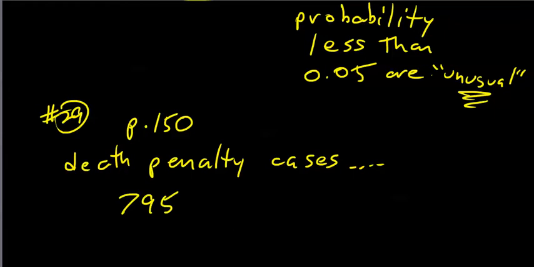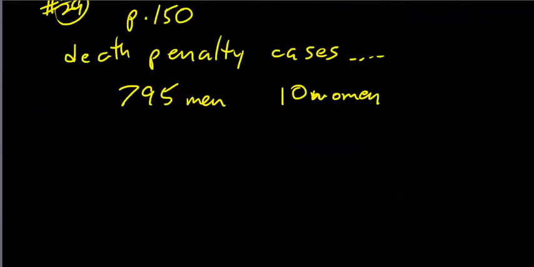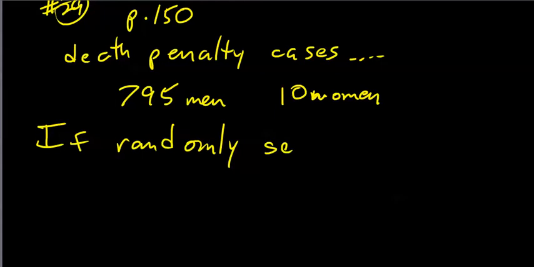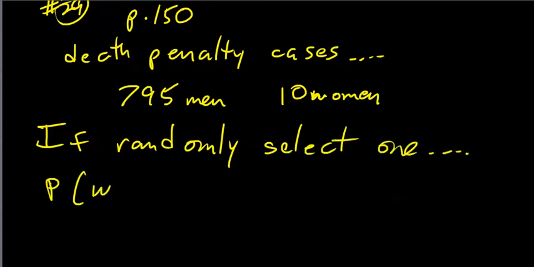There have been 795 men suffering the death penalty and 10 women. All right? The text then poses this question. If from this pool we randomly select one, find the probability of picking a woman.